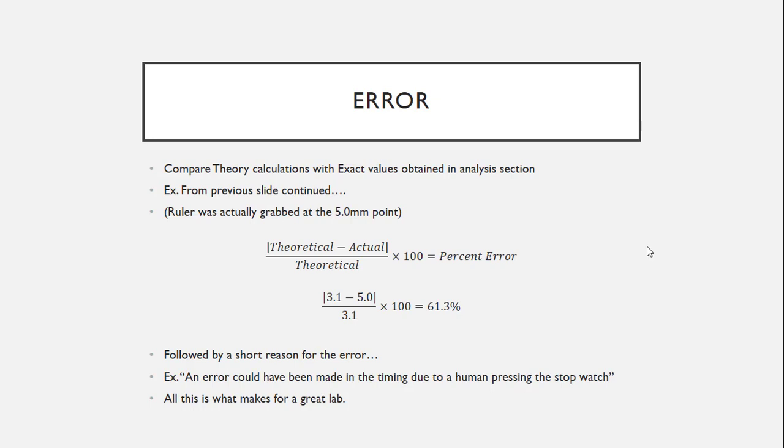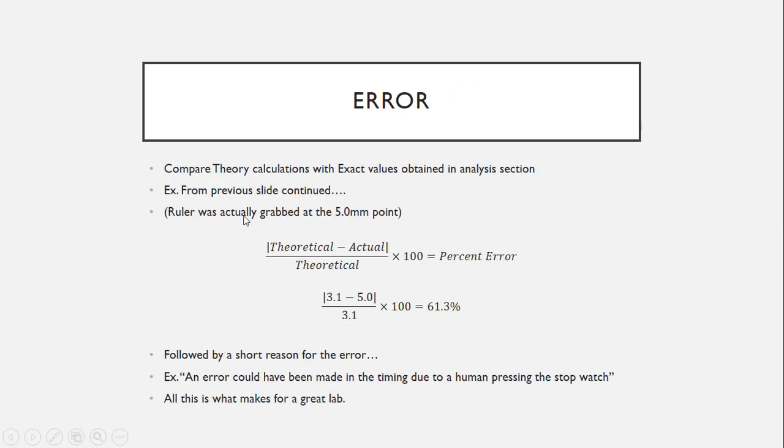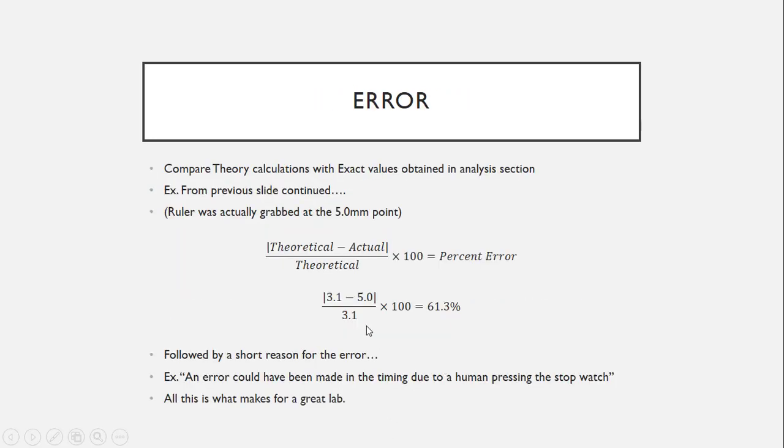Okay, so what I just spoke about earlier here, we'll continue with this bottom example here. So the ruler was actually grabbed at the 5 millimeter point instead of the 3.1 millimeter point. So we just performed this example right here, theoretical minus actual divided by theoretical. Okay, those are absolute value bars on either side. So it's always going to be positive up top.